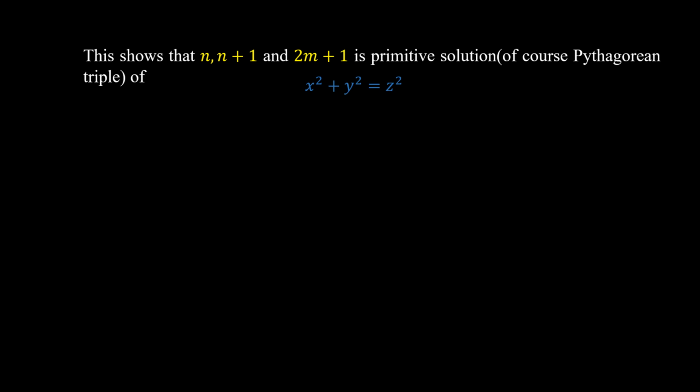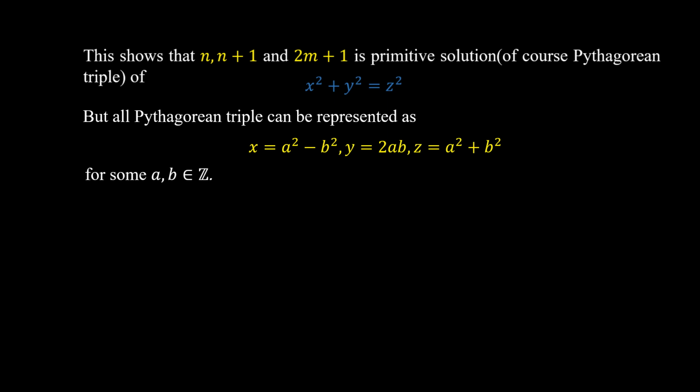But the Pythagorean theorem says that all Pythagorean triples can be represented in this form. So, as we can see, n might play the role of x, n plus 1 play the role of y, and 2m plus 1 play the role of z. But the roles of n and n plus 1 might be reversed. That means we have two cases.